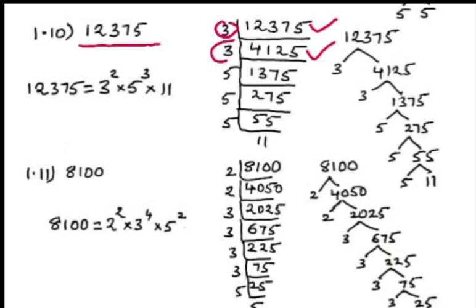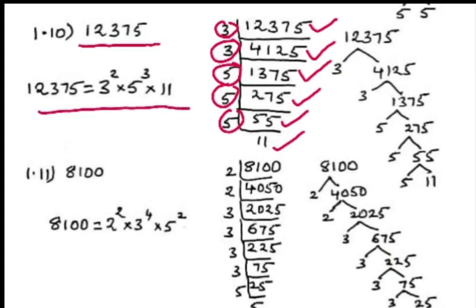Again 4,125 is divided by 3, we get 1375. 1375 is divided by 5, we get 275. 275 is divided by 5, we get 55. 55 is divided by 5, we get 11. So 12,375 can be expressed as 3 square multiplied by 5 cube multiplied by 11.